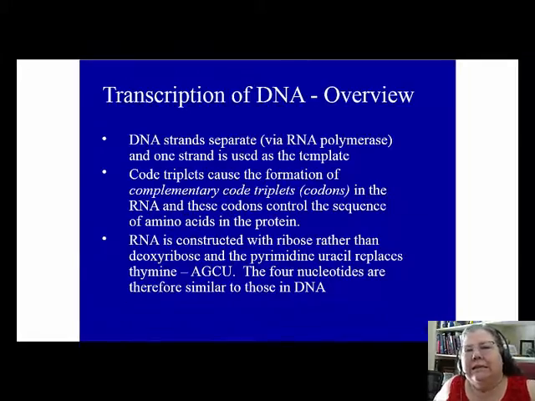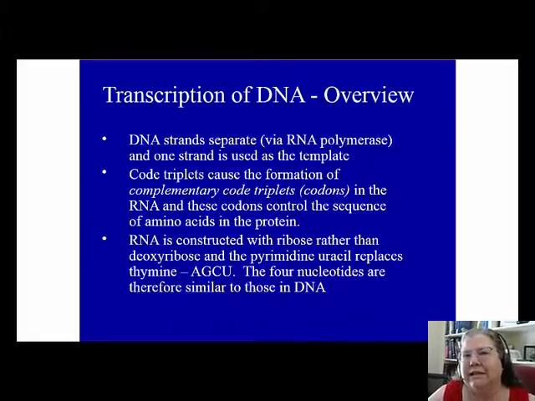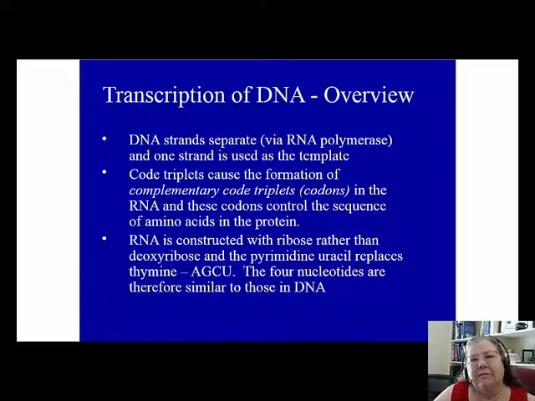So there's an enzyme, and remember, enzymes are proteins, right? So this enzyme has been produced by this very process. There's an enzyme called RNA polymerase that separates the DNA strands. One of those strands is used as the template.